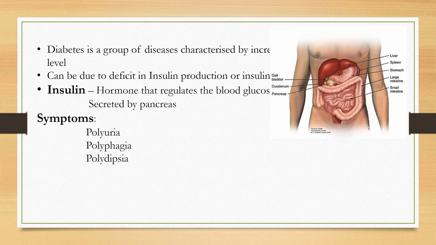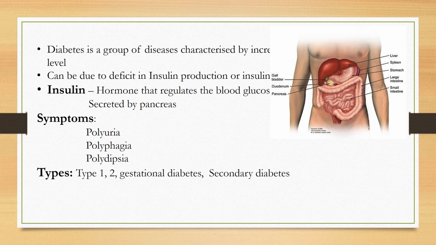So he will be drinking more water, urinating more, and eating too much food. Diabetes can be divided into type 1, which is insulin dependent, type 2, which is non insulin dependent, then gestational diabetes, and then secondary diabetes.